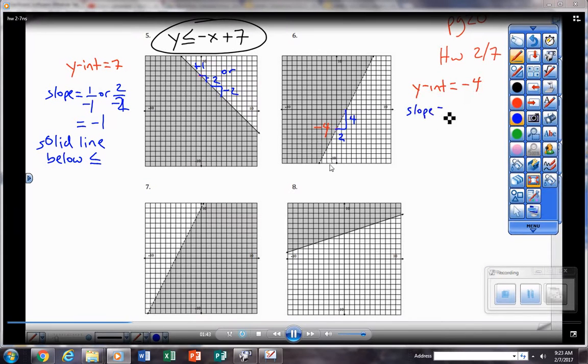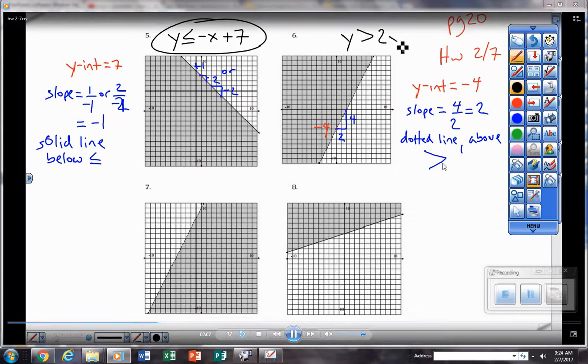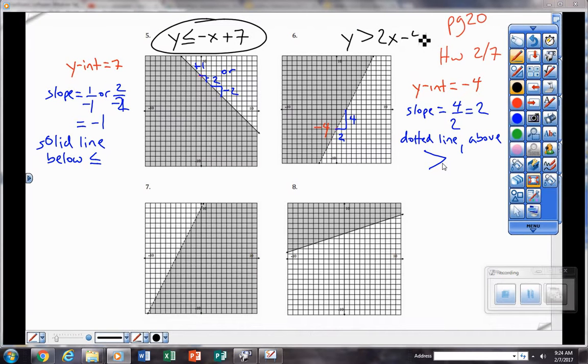It is a dotted line, so this inequality will not have the equal line under it. It is more than. The more than direction does not look like a capital L, so it will open this way. So that is a plain inequality, more than, without the equal line under there. So all three parts put together, y more than 2x minus 4. That is the inequality of that graph.